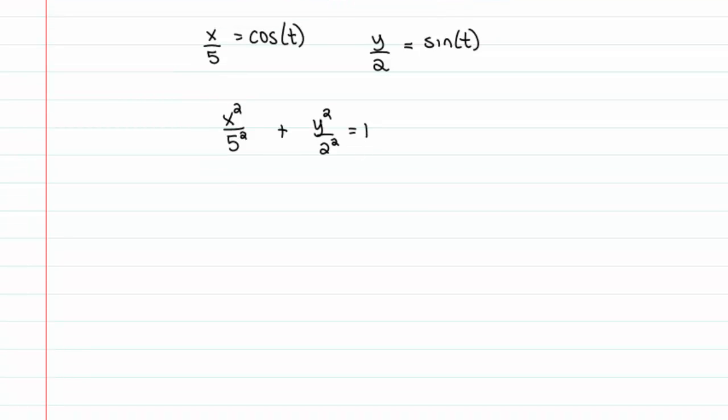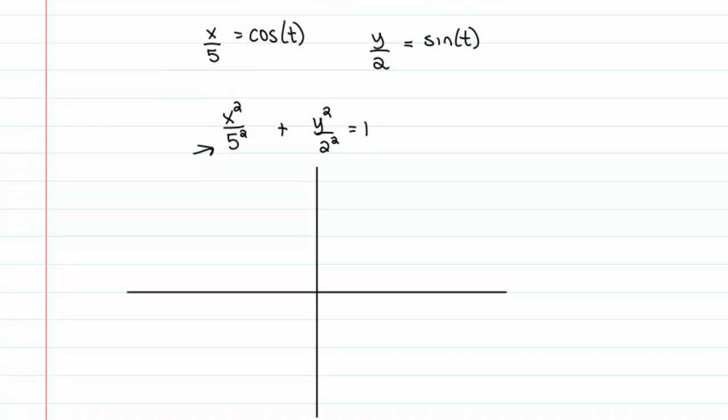And so if I want to graph that, the major axis is the x-axis, because the larger denominator is under x. So 1, 2, 3, 4, 5. 1, 2, 3, 4, negative 5. The y-axis is the minor axis. So I'll initially connect those up.